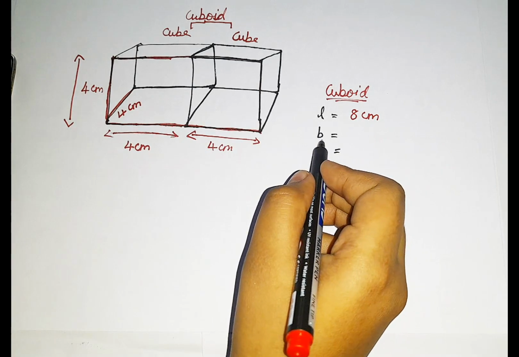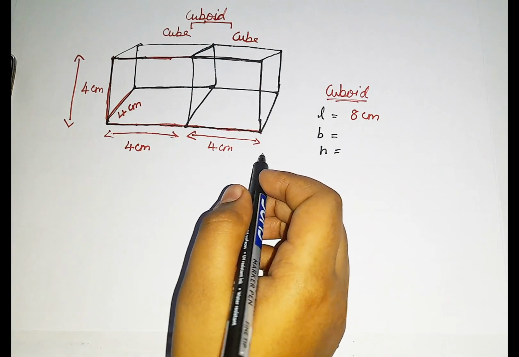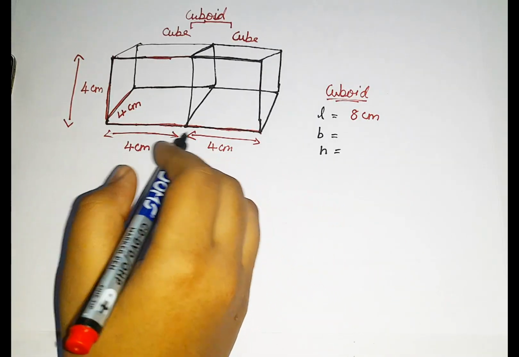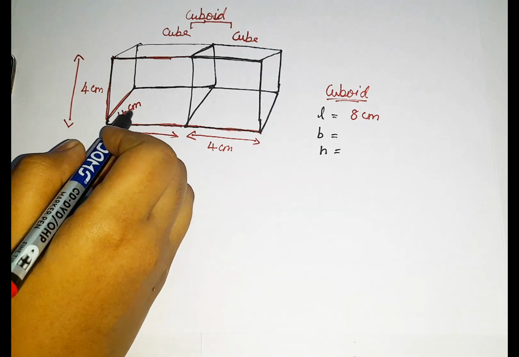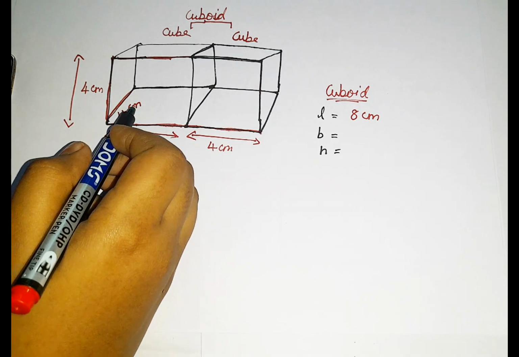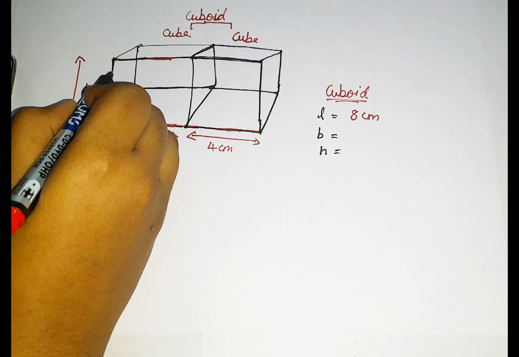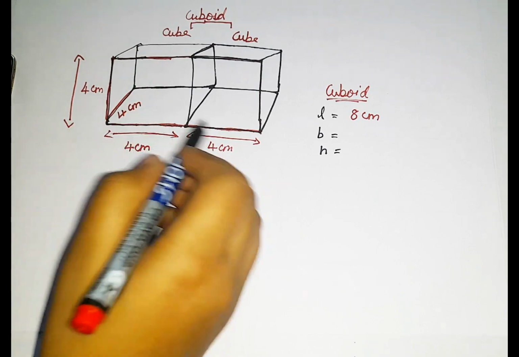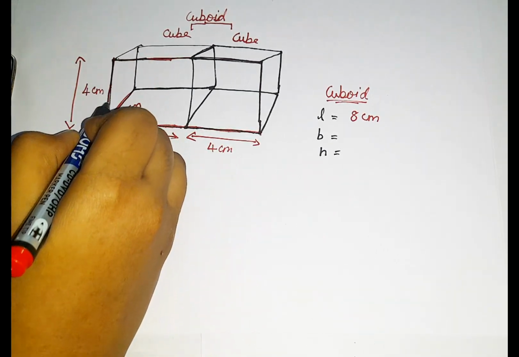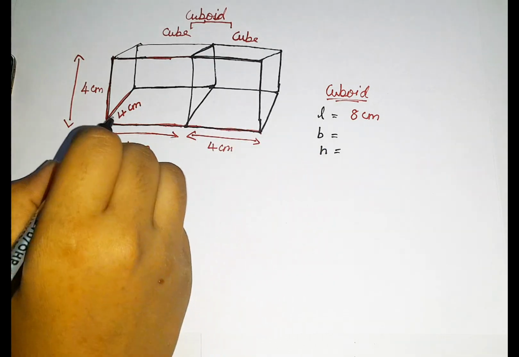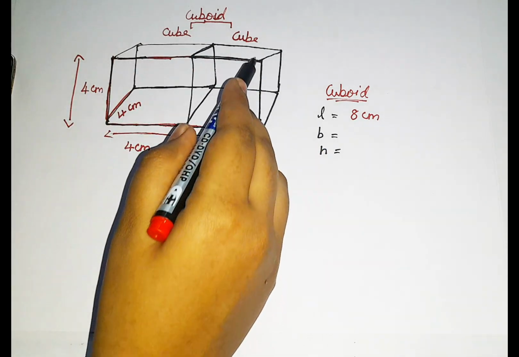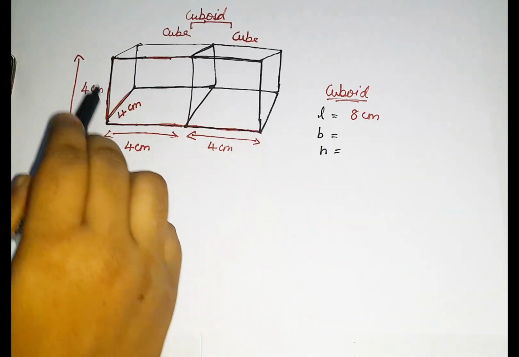And what is the breadth? One more thing I would like to say: only for length it will be like this. For breadth and height, it is the same, that is 4 centimeter. So no need to worry. Why? Because here you can see we don't have something separate like this. This is the height for the complete figure, and here also this is the height for the complete figure.